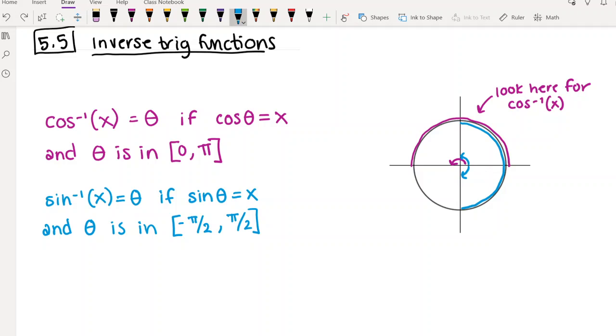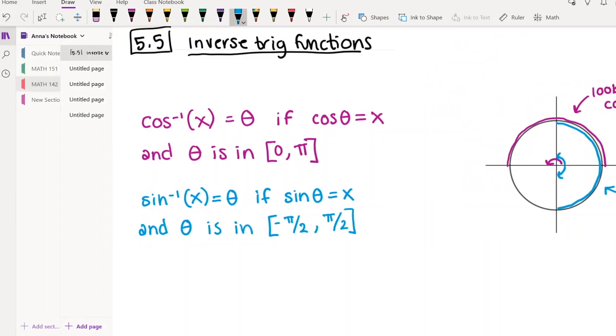Your answers specifically need to be either between 0 and pi/2 or in between 0 and -pi/2. So this is the part of the unit circle that we're going to look at for inverse sine. And then I'll come back to this page when we talk about inverse tangent and we can see how that fits into this picture as well.